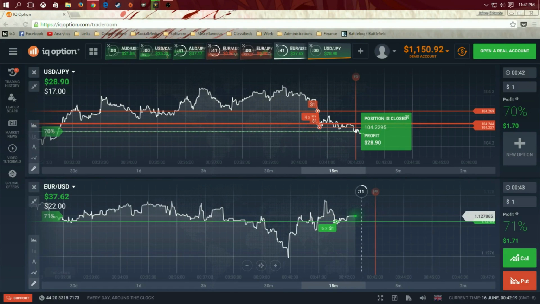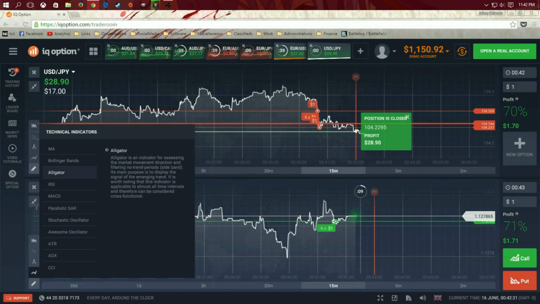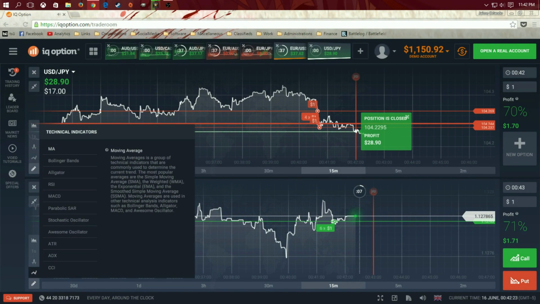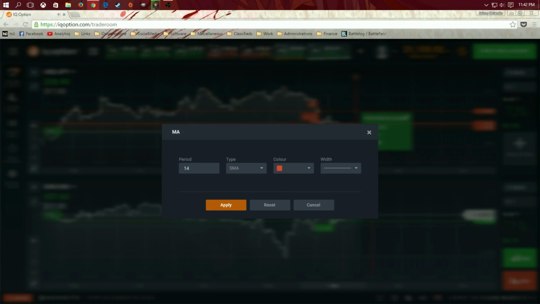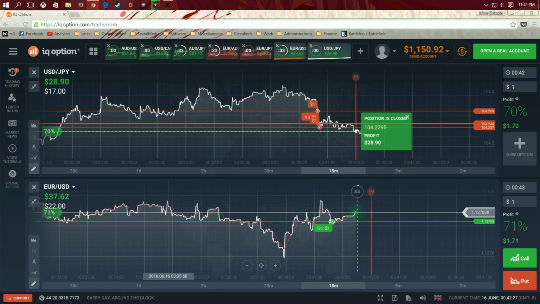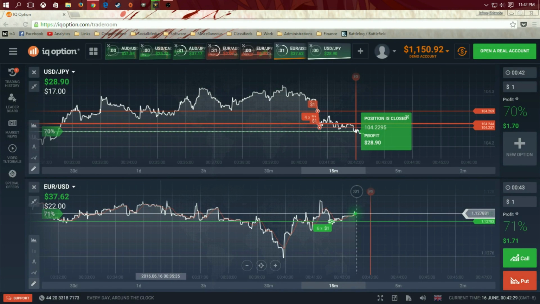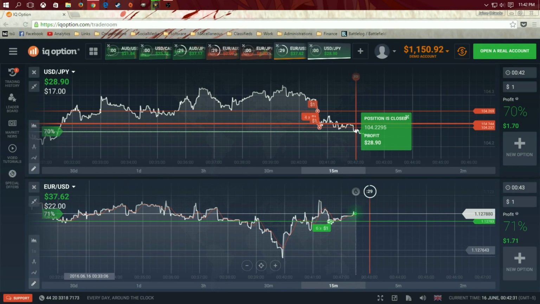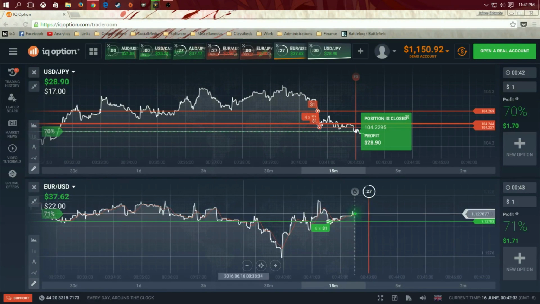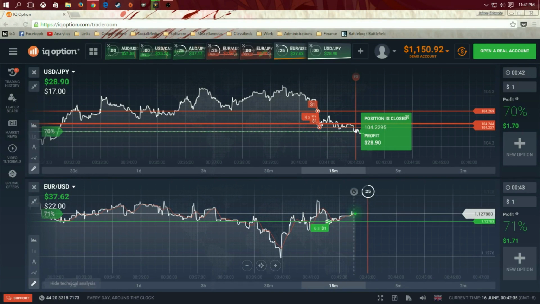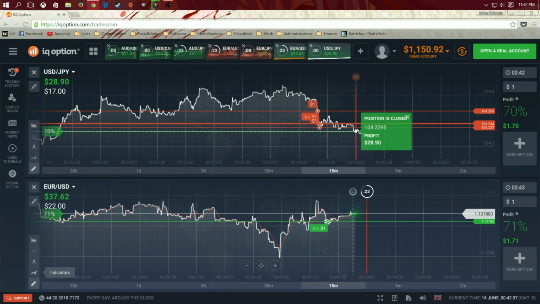Now actually getting into some of these indicators, we have the moving average, and this one is used quite commonly. Now this will actually provide you a sort of guideline to be using.